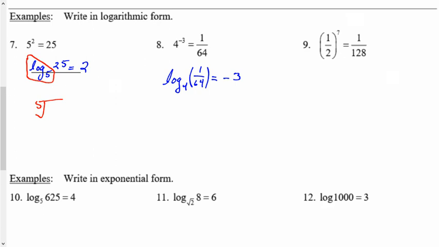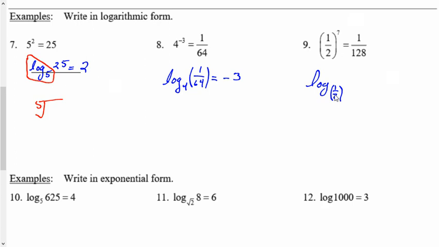Let's go on to number 9. Again, I look at my two sides. On the left, I can see the power. So I will write the log with a base of 1/2. Now, when we have fractions in the base, you don't have to, but often we'll put it in brackets just to make it really clear that entire thing is the base.